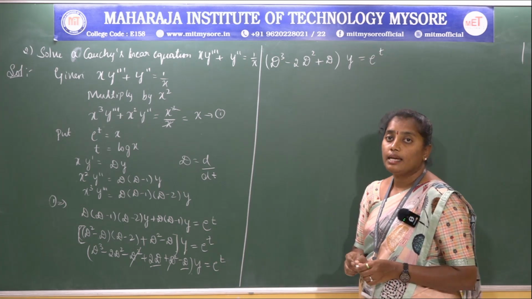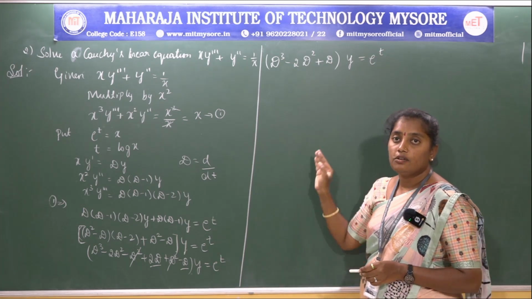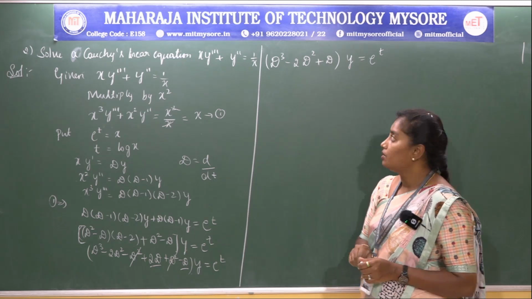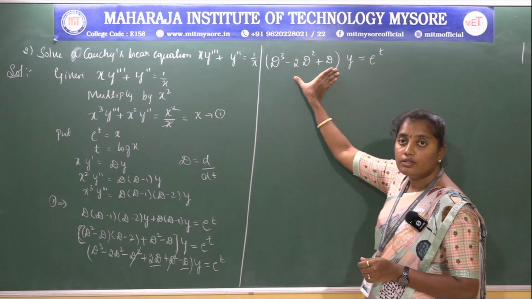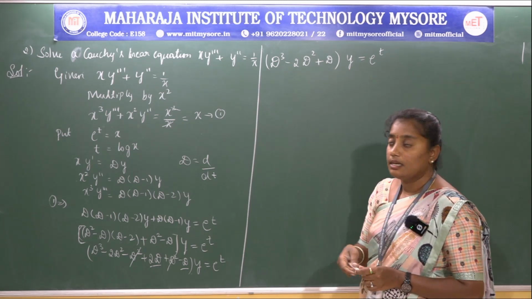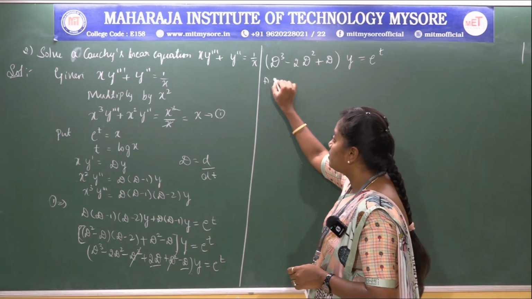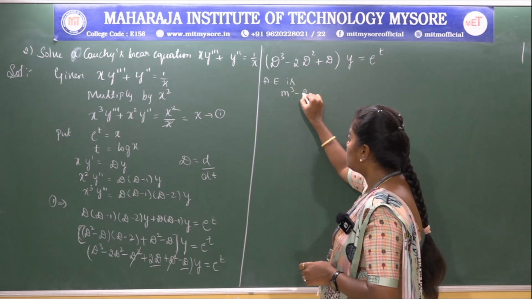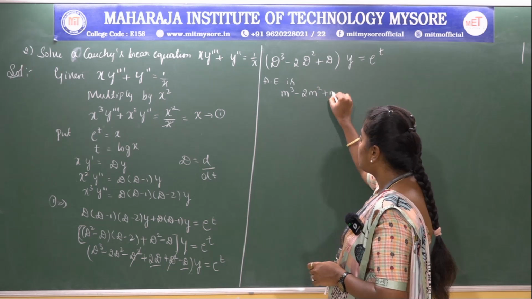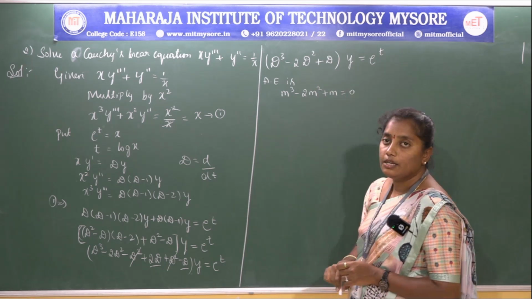So this is the obtained linear equation with constant coefficients. Now to find the solution of this, we have to find the complementary function and the particular integral. To find the complementary function, the auxiliary equation is m cube minus 2m square plus m is equal to 0.